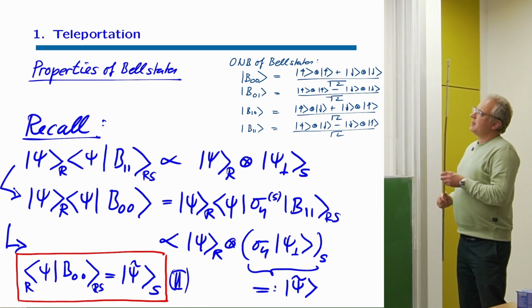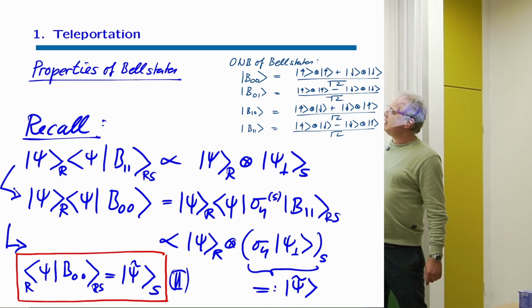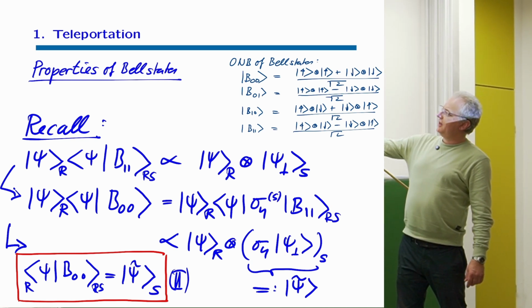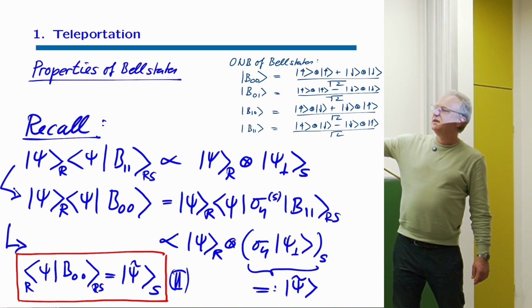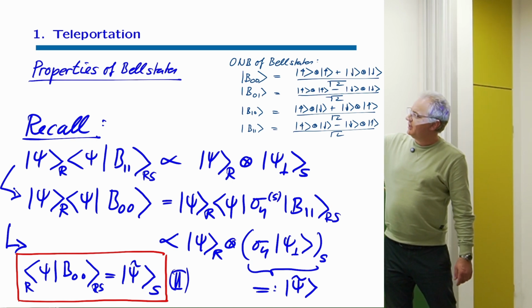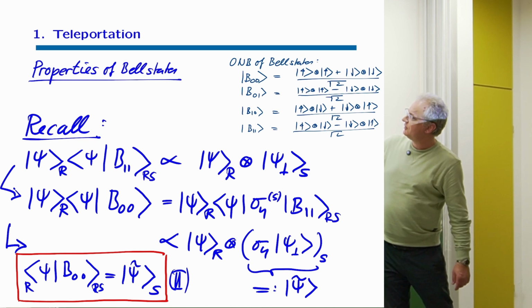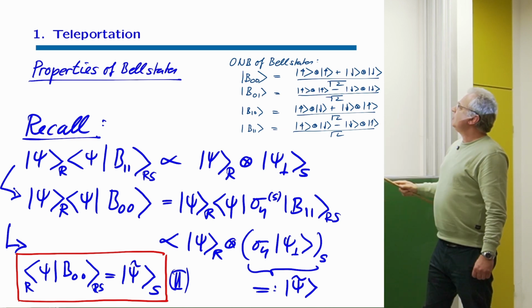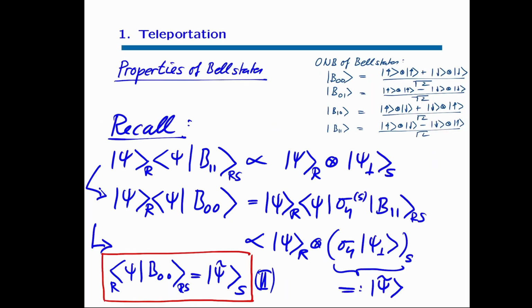And the one thing that we learned about it was that if we take such a state and then measure one particle of it in a certain basis that contains this state psi here, so this is the projector onto psi, what we get out is that state on the particle that's being measured, tensored with the perpendicular state, the state that points in the opposite direction, on the other particle. So that's something we talked about earlier.